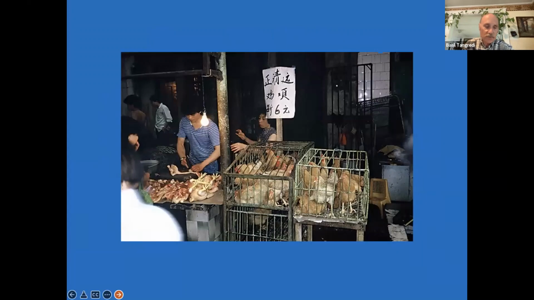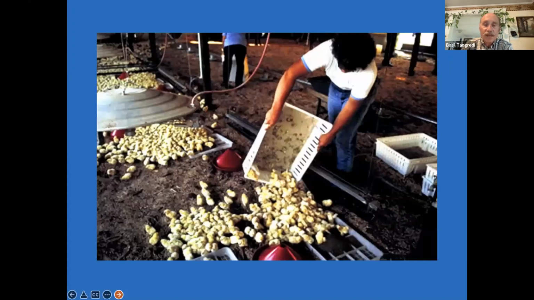Another way of spreading of influenza viruses, other than the migratory birds, is the live markets in China. And there's, of course, been a lot of publicity on this with the early stages of coronavirus as well, that these are very, very common in Asia, and they are a very efficient way of transmitting avian viruses to people. Another is the worldwide trade in day-old chicks.